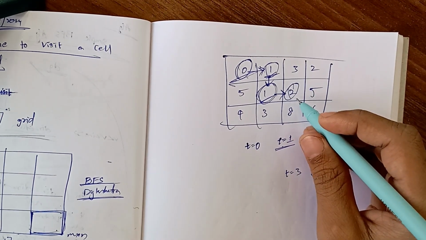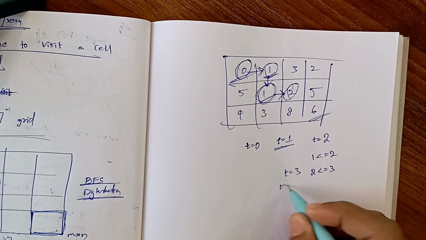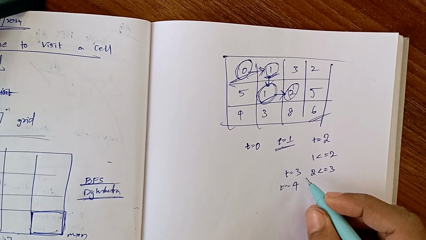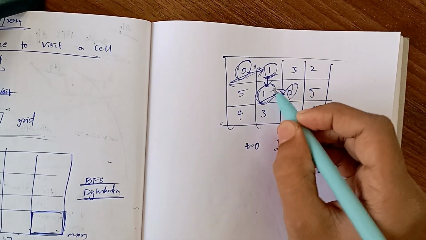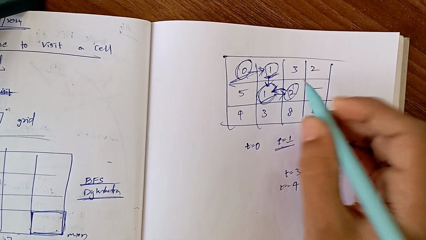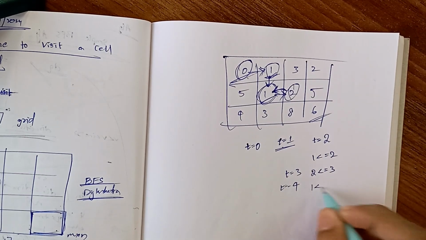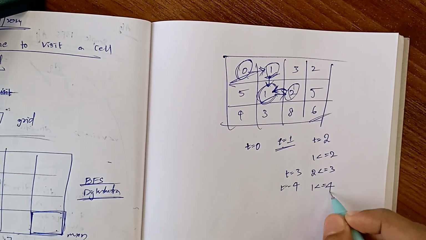And now at t is equal to 4, we can move to the cell 1 comma 1, as here we are going back, since 1 is less than or equal to 4.